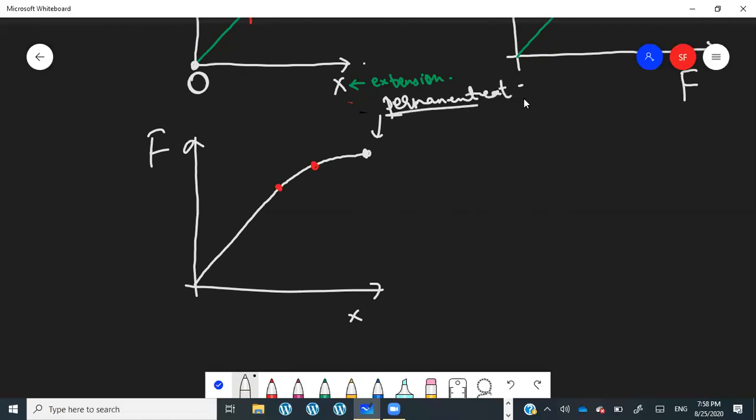Removing the force means bringing it back to zero. So now the force will start coming back to zero, but the extension would return to a larger value other than zero.